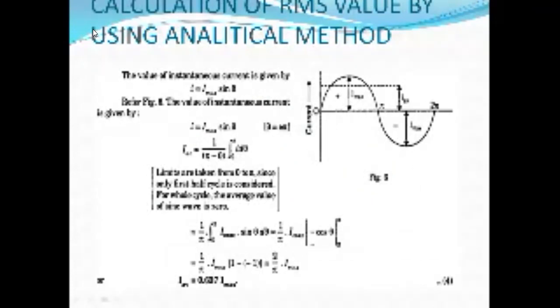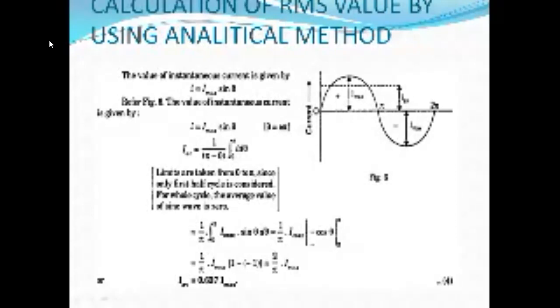Now we consider only an elementary interval, let us say the d theta interval. During that d theta interval, the average instantaneous value of the current is said to be i, that is, i = Im sin theta.